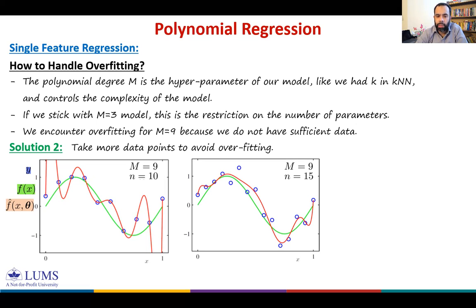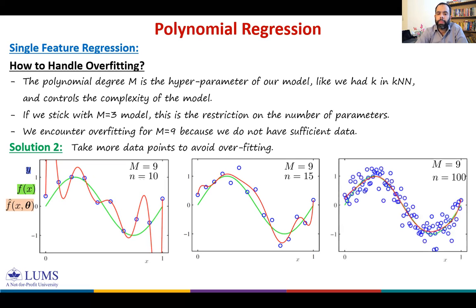When you further increase the number of points, say you take 100 data points, the 9th degree polynomial is very, very close to the true function. Why? Because the number of coefficients is much smaller than the number of data points you have, so the coefficients are not fitting to the data.